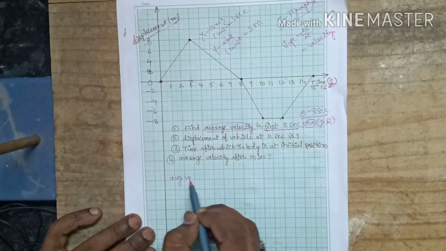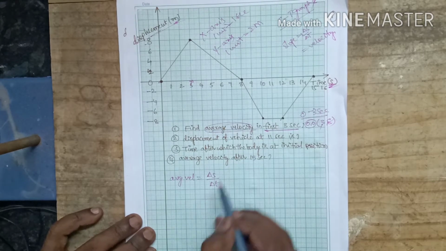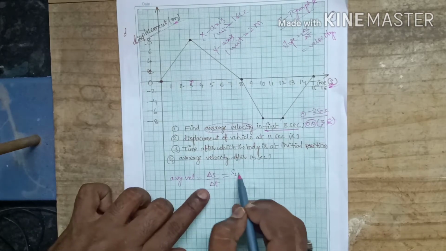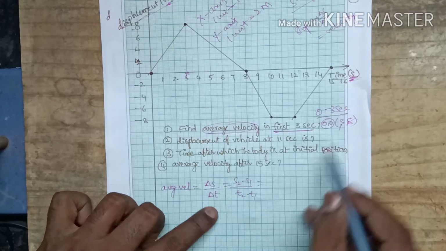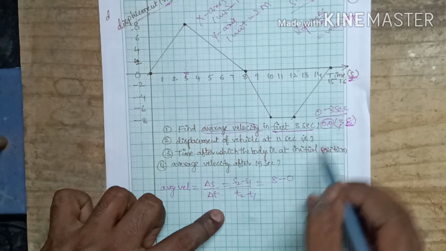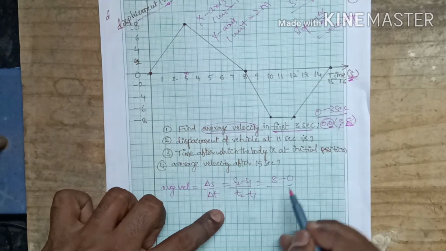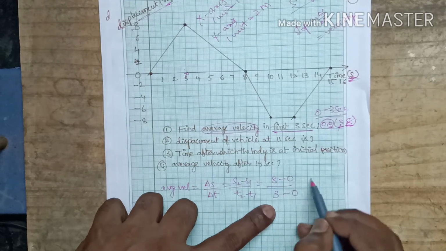So average velocity is equal to displacement by time, that is S2 minus S1 by T2 minus T1. What is S2 here? 8. What is S1? 0. What is T2? 3 minus 0.